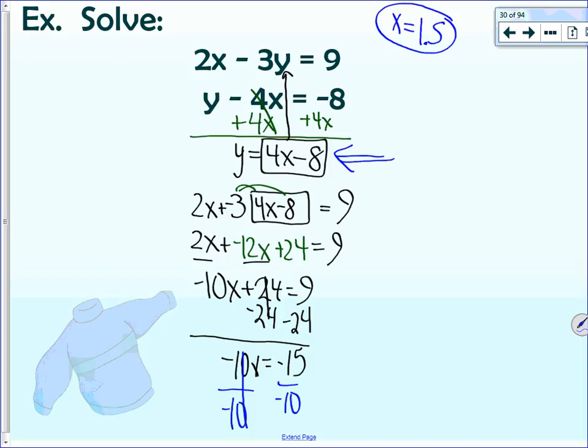Now you could plug it into the top equation, the first two equations, the ones you were given, but it'll just take you a little longer. This one y is already solved for, so it's easiest to use it there. All right, so take a look. I plugged in 1.5 for x, and now I don't have to solve anything. Y is already by itself.